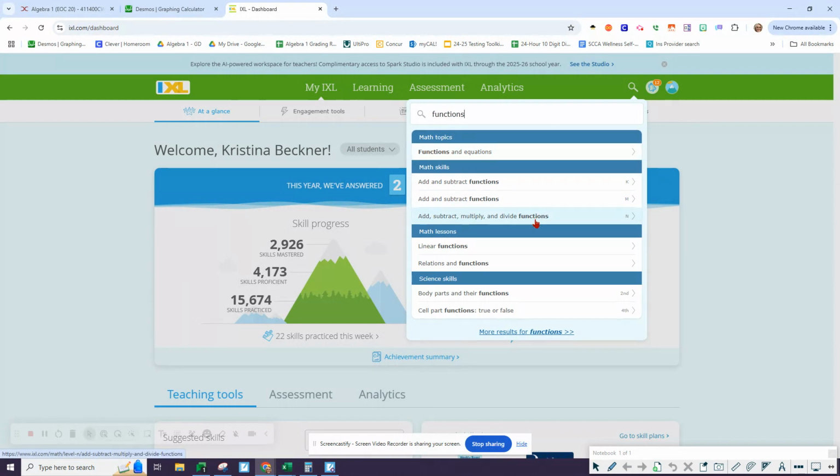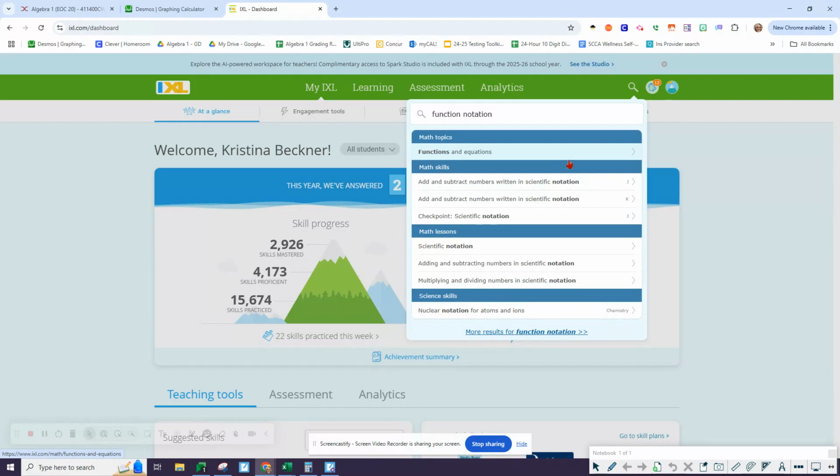Let's look and see what comes up in functions. Add and subtract, multiply, linear functions, functions and relations. Let's look at function notation and see if there's something different that comes up. Adding, subtracting, multiplying, dividing numbers, add and subtract numbers written in scientific notation.